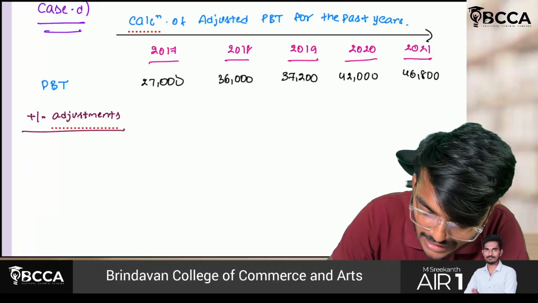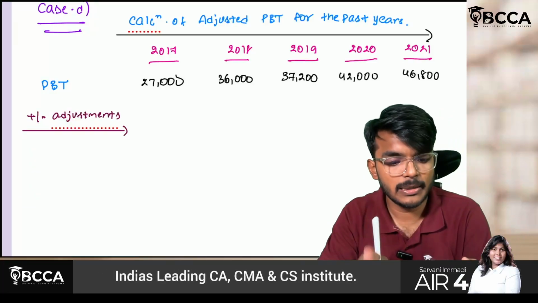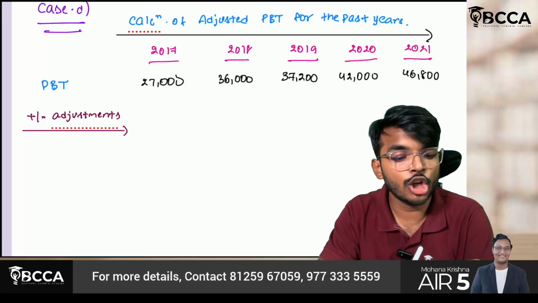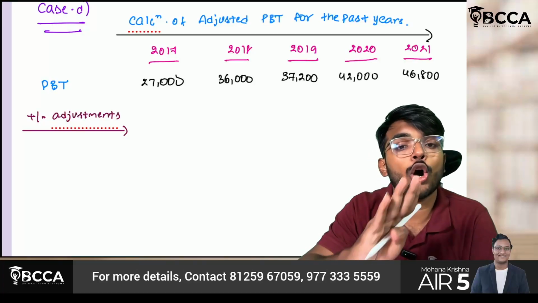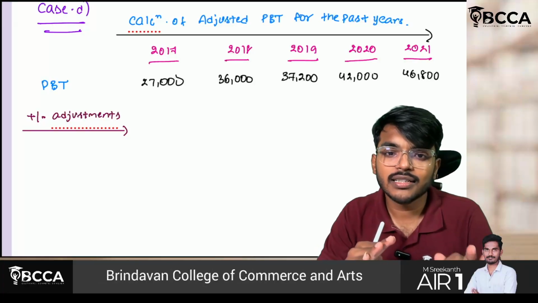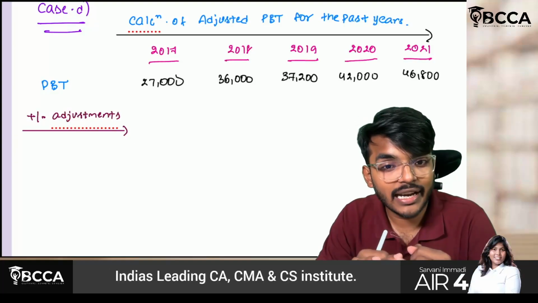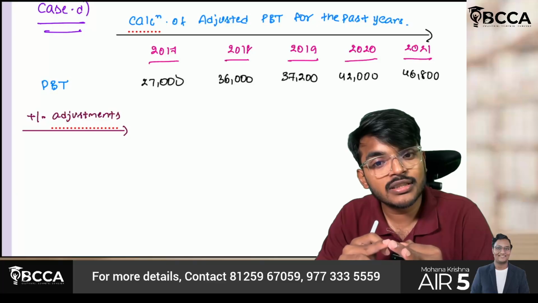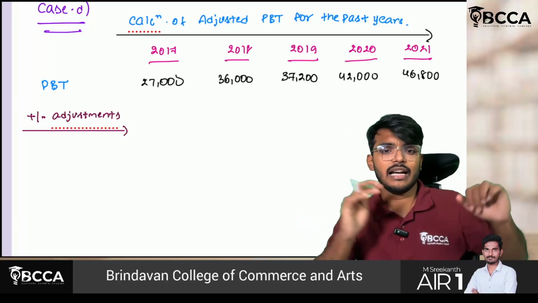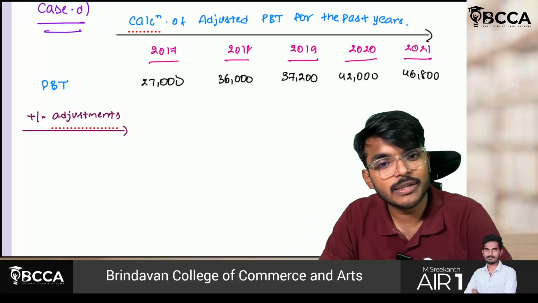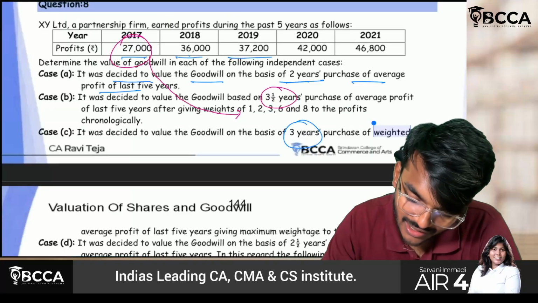Guys, if you remember, we will be making plus or minus adjustments. Sir, what adjustments I have to make? I have to make simple prior period adjustments, non-recurring adjustments, non-operating adjustments. That's it. These three are the main adjustments. Prior period, extraordinary items, non-recurring items, non-operational items, non-operating items. These four adjustments only you have to do. Let us check the question.